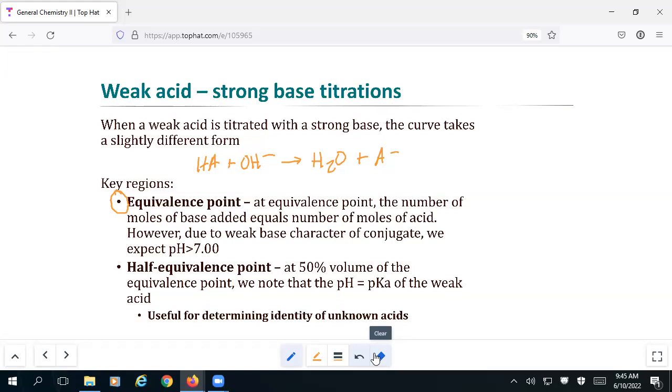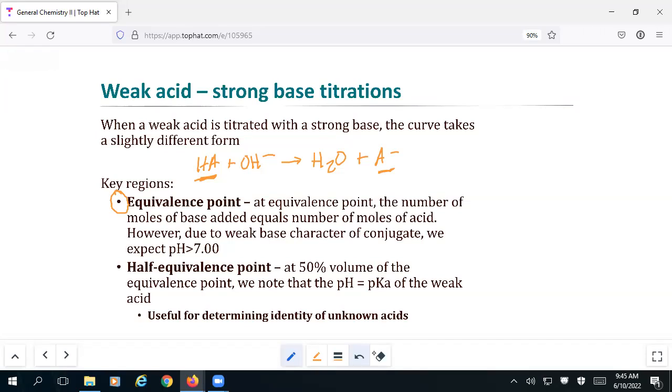So in that area between the initial pH and the equivalence point in a weak acid titration, we're making a buffer. Because so long as we're not at the equivalence point yet, we're going to have some amount of HA. And so long as we've added some hydroxide, we've converted some of that HA into A minus.